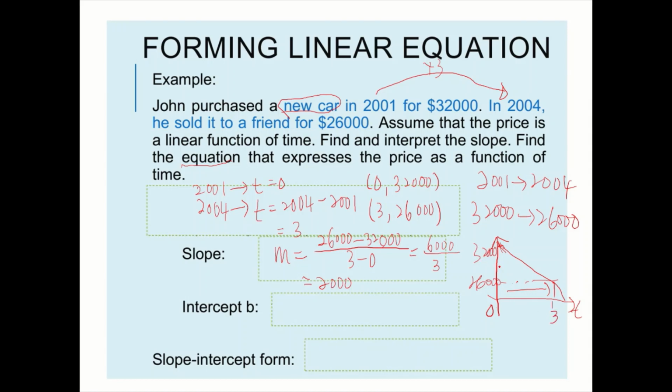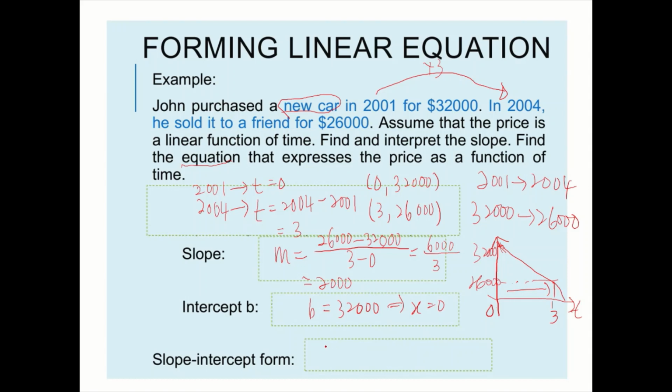So the y-intercept is 32,000, because for this value the x is 0.